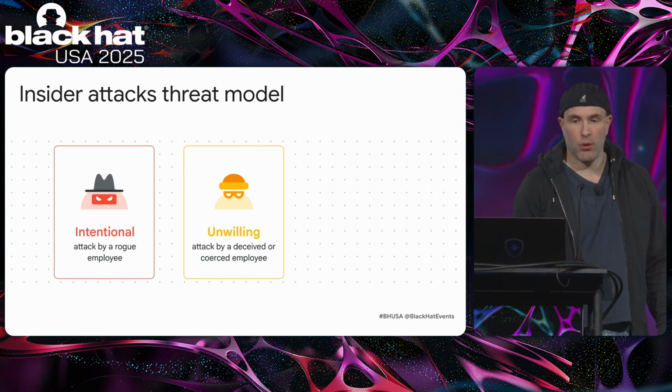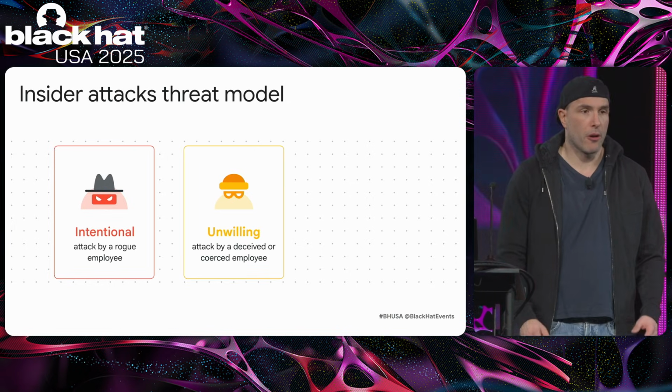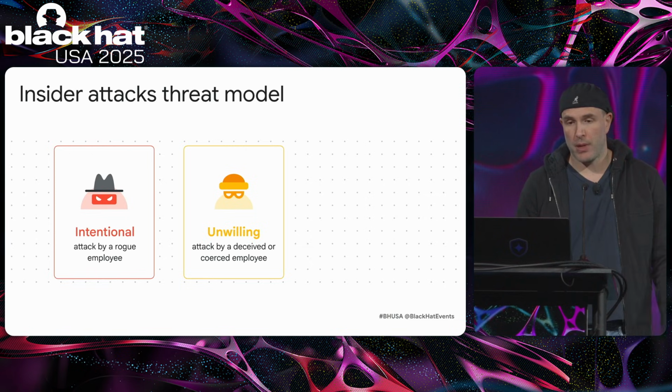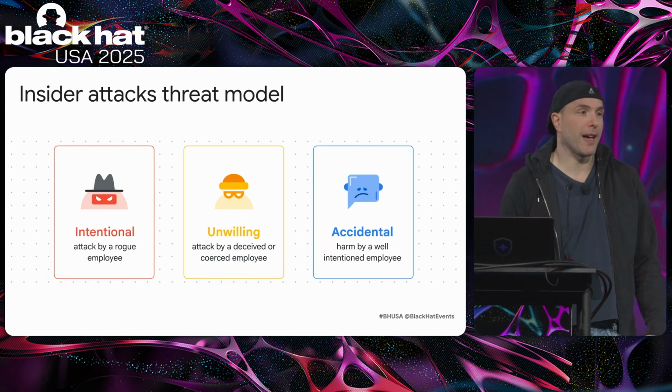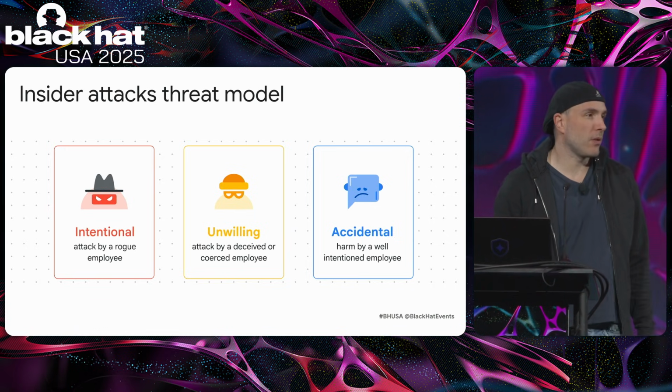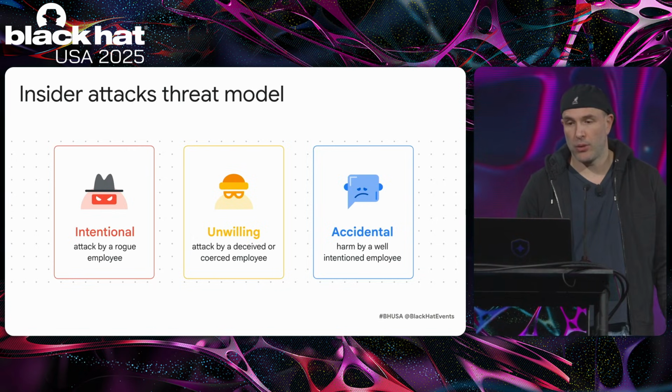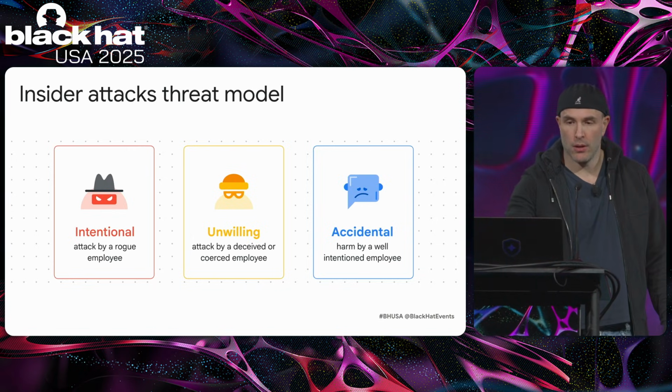An unwilling employee which has been deceived or is coerced into performing an attack against Alphabet. And last but not least, we also have accidental insider threat, which are employees who are well-meaning, but for example, might decide to do an action which is putting Alphabet at risk.